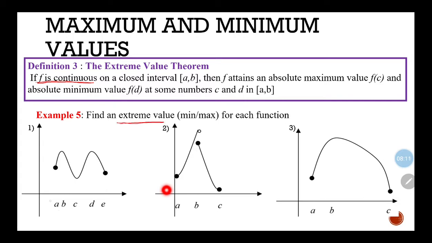So look at function 1 here. What is the absolute maximum here, do you think? Okay, when x equals what? Absolute maximum, oh my gosh, it's so hard to see. Which one do you think?